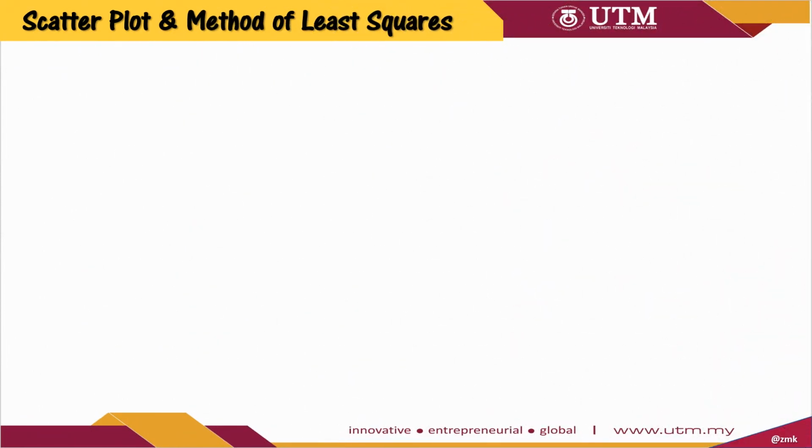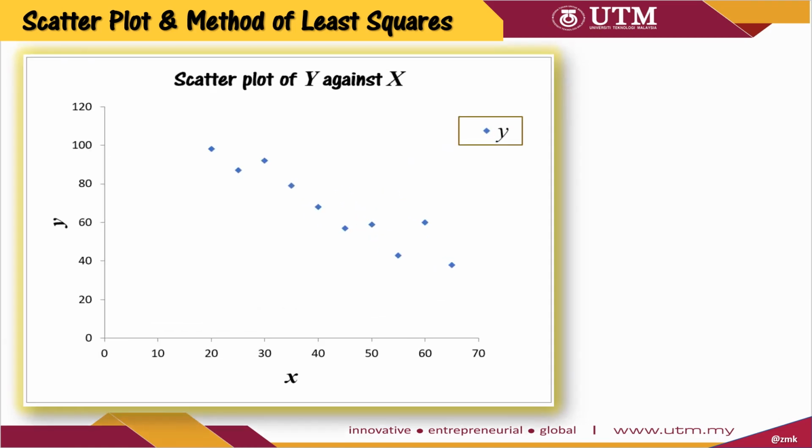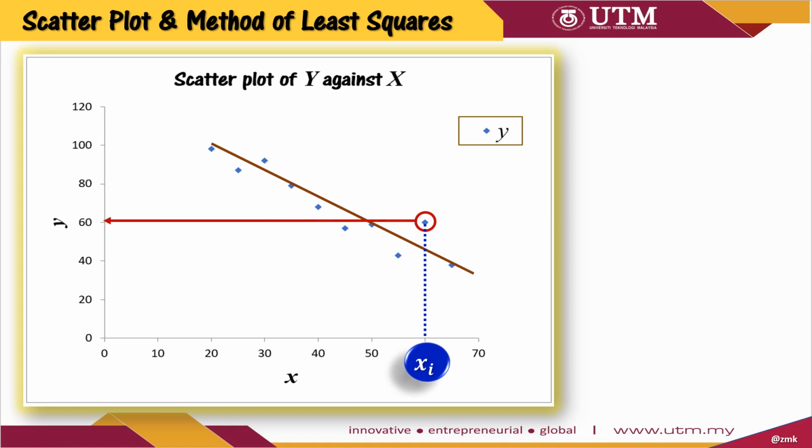Let's look closer at the scatter plot for example 7.3 again. Suppose the estimated regression line is given by this straight line. For this observed point, we have the observed xi value and the observed yi value.